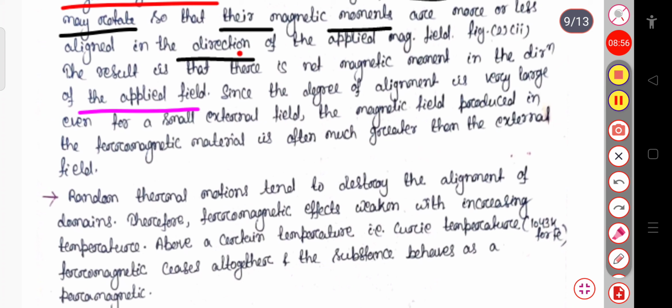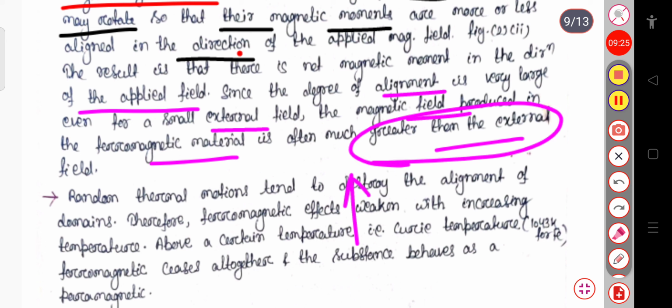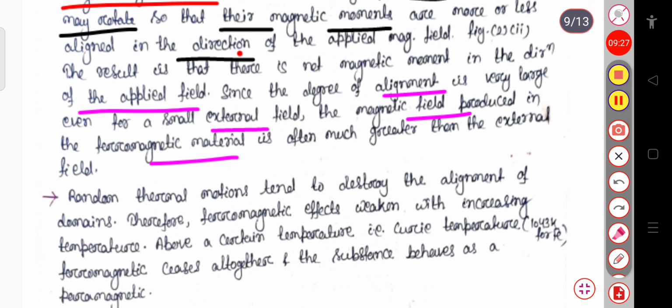Since the degree of alignment is very large even for a small external field, the magnetic field produced in the ferromagnetic material is often much greater than that of the external field. That is, the net magnetic field includes the external field we apply, as well as the effect of the orientation or the increase in the size of the domains, these two possible cases, so the magnetic field produced in the ferromagnetic material will be greater than that of the external field.